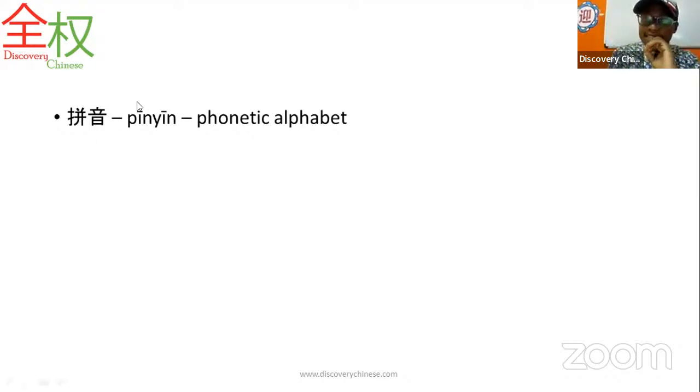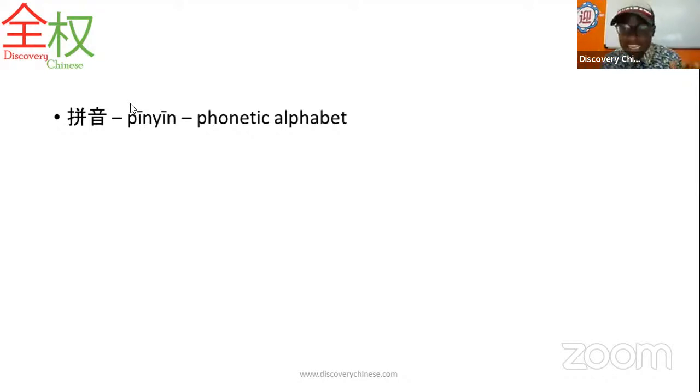Now, pinyin, as I said, is the ABCDs. Now, we will slowly integrate the Chinese characters to you. As you go along, as you get comfortable with the words, then we can start introducing the Chinese characters slowly by slowly. So you can think of these pinyin like training wheels, right?